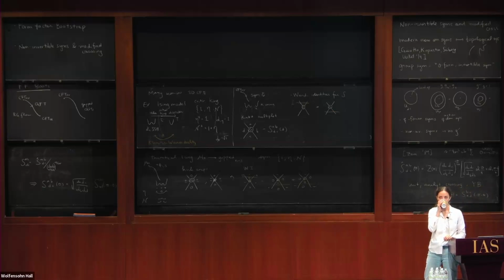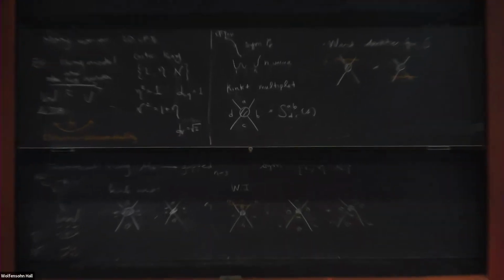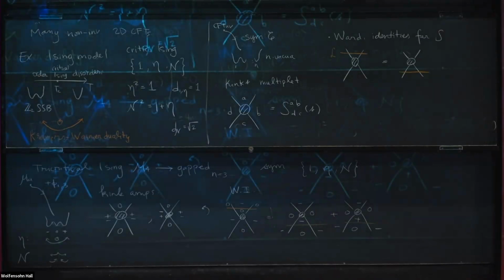I think I'm a little bit confused by the physical picture. So just to clarify the physical picture a little bit. The kinks are solutions that interpolate between different vacua of the theory.